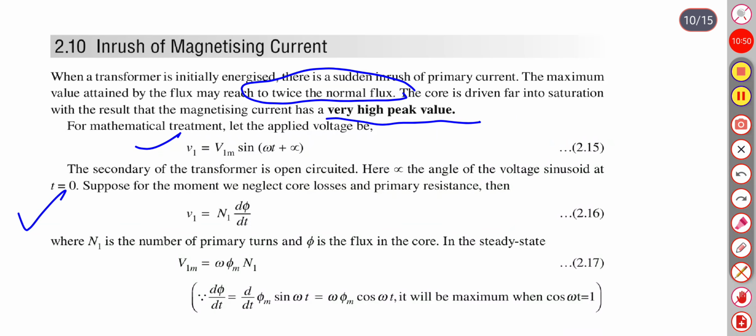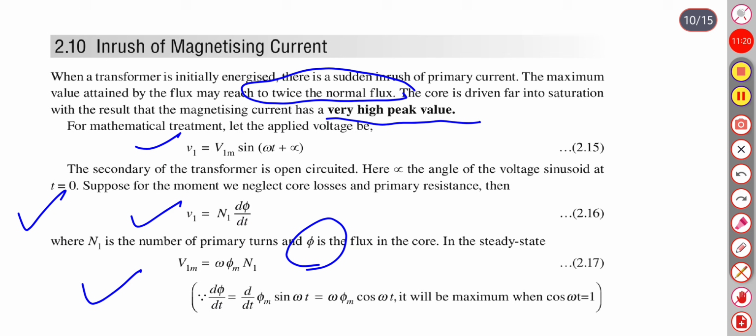Suppose for the moment we neglect core losses and primary losses, V1 equals N1 d phi by dt. N1 is the number of primary turns, phi is the flux in the core. At steady state, V1m will be omega phi m N1, where phi m is the maximum flux.